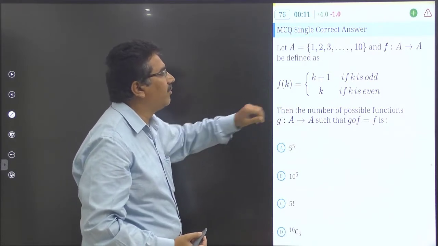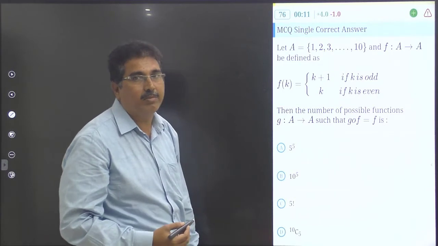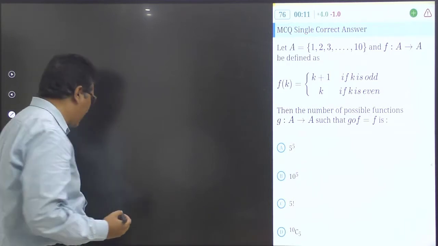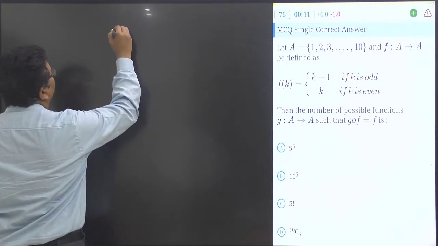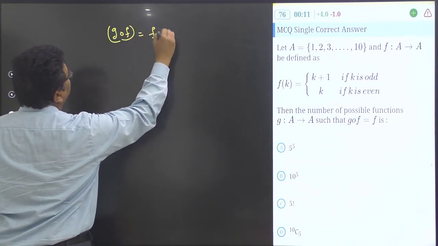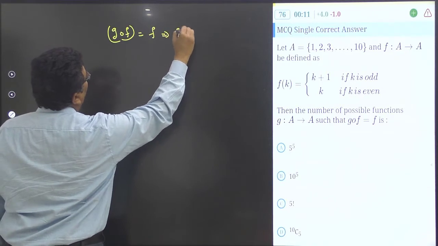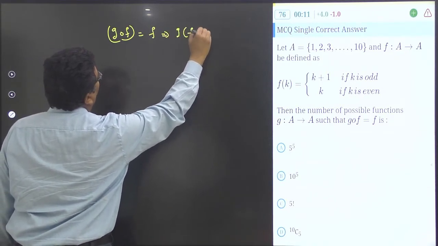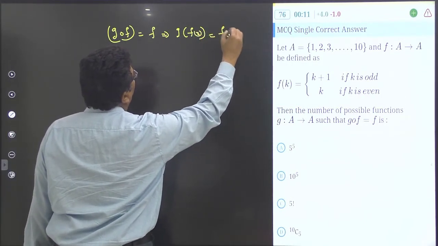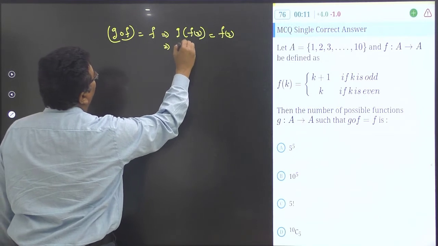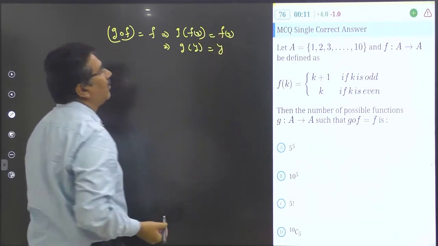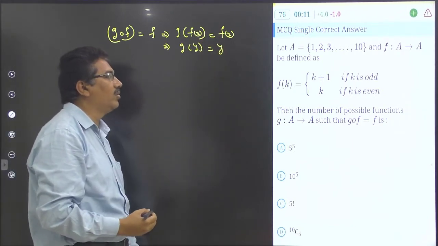Then the number of possible functions g mapping from capital A to A such that g circle f is equal to f. Given that g circle f is equal to f, that implies g of f of x is equal to f of x, that implies g of y is equal to y. That is the given condition.